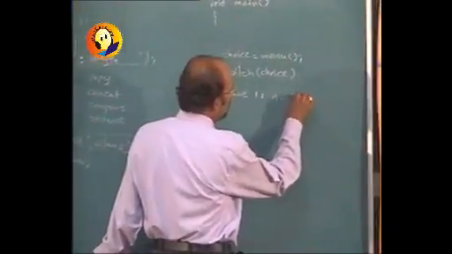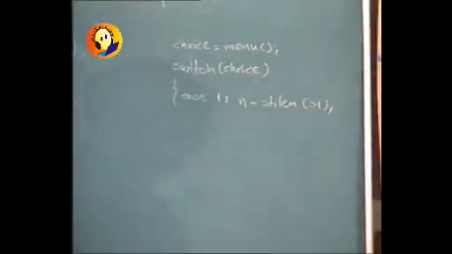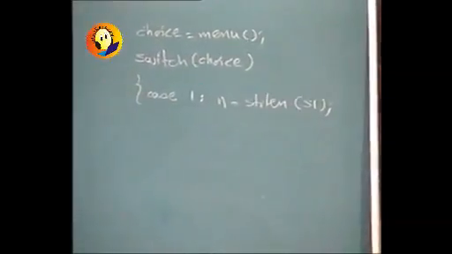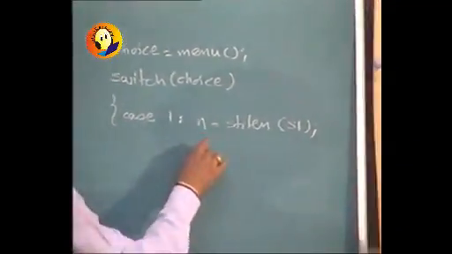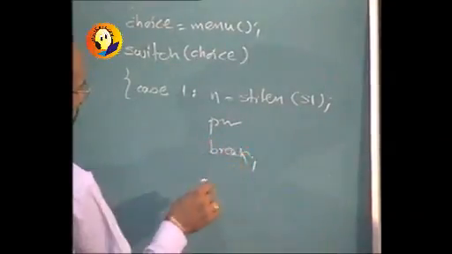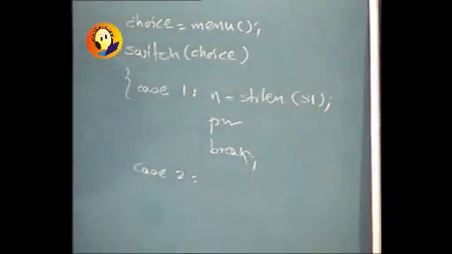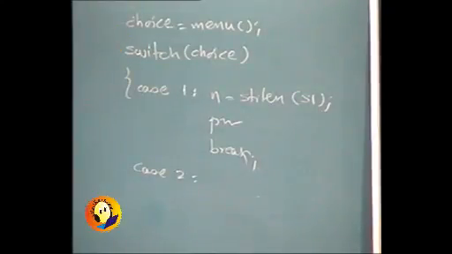You will go for something like n equal to strlen of S1. Then you will print the length is so and so, and break. Don't write anything. Case 2: strcpy s1 s2 and printf s1.